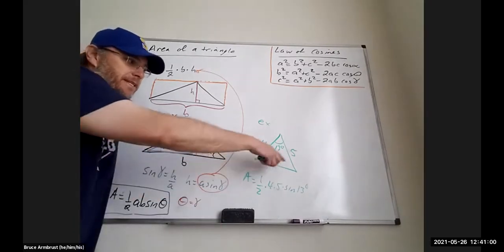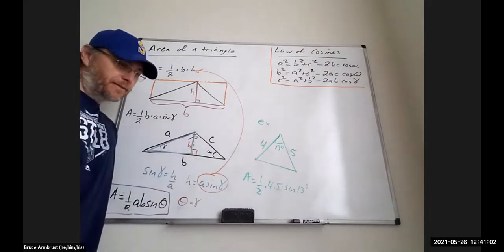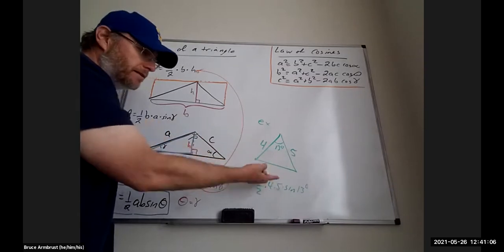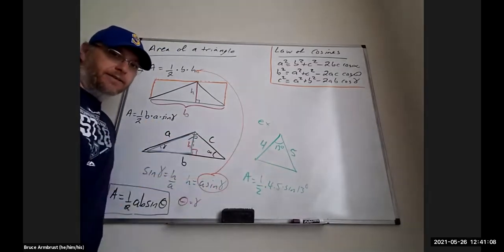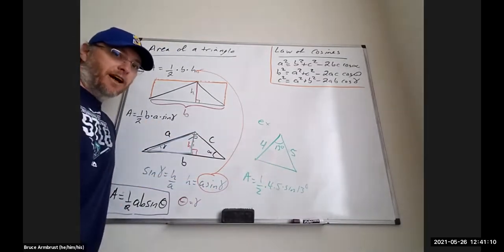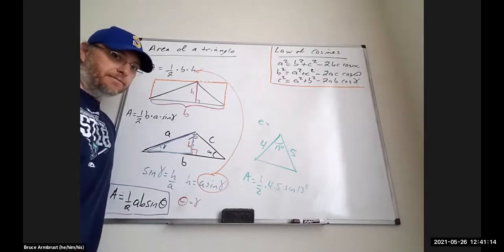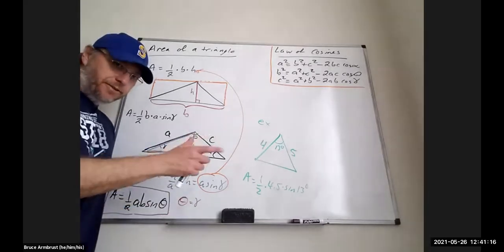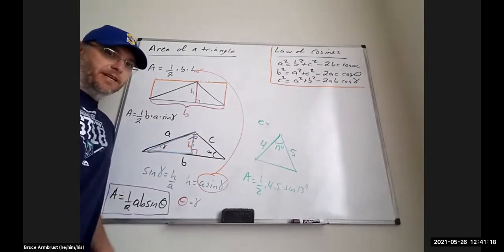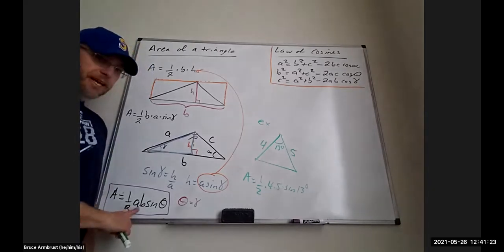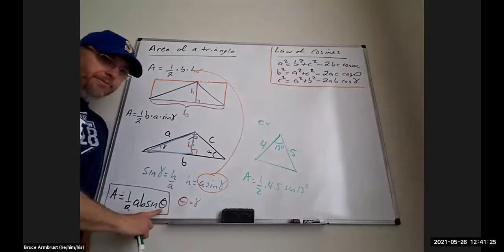If you had three sides, like I told you, the lengths here are 4, 5, and 7, but no angle, find an angle using the law of cosines. Then use that angle and the two sides that are on both sides of it. So it's always any two sides and the angle in between them.